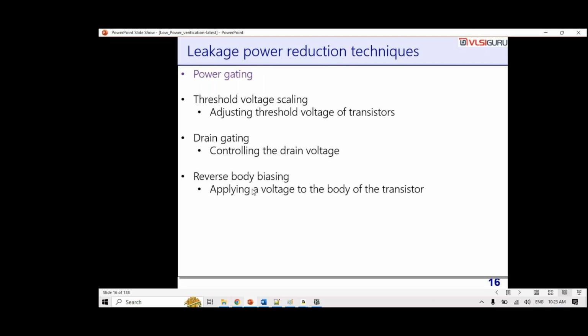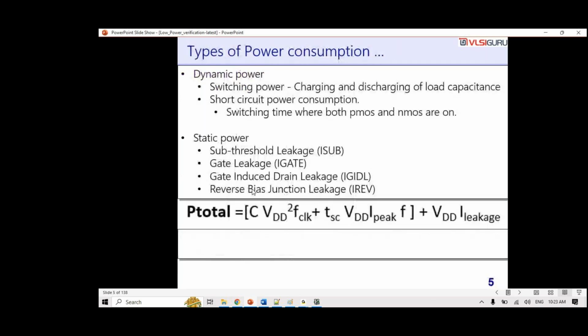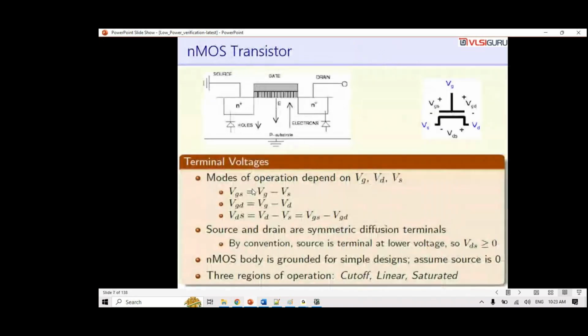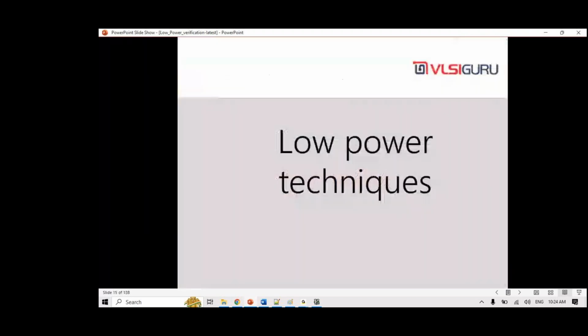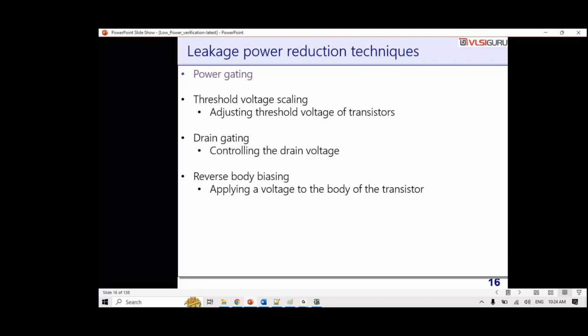Through that also you can impact the amount of leakage current. If you go back to the very beginning of the slide, when we apply some voltage here, whatever leakage happens here could also be controlled, because you are reducing the voltage difference. As you reduce the voltage difference, that leakage current could be reduced. That is called reverse body biasing.